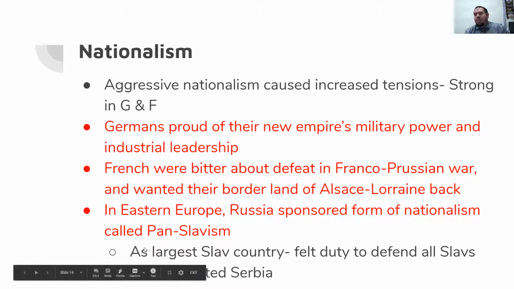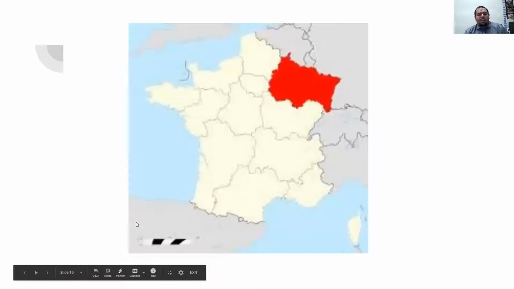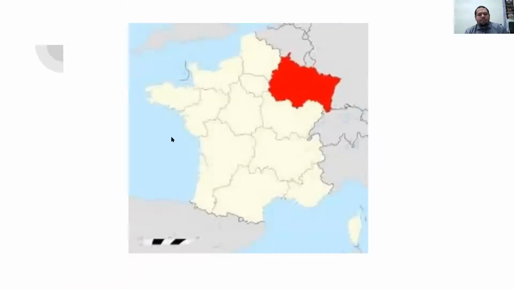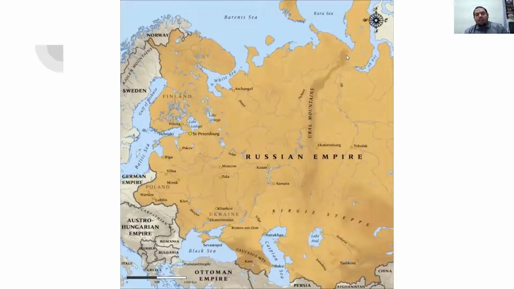The majority of Eastern Europe are Slavic-speaking countries. Okay, this is the Alsace-Lorraine. That's a big chunk of France missing that was given to Germany. The Russian Empire, as we know, is humongous. We saw nine time zones, right?